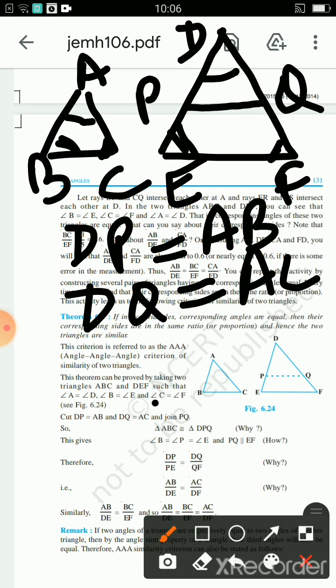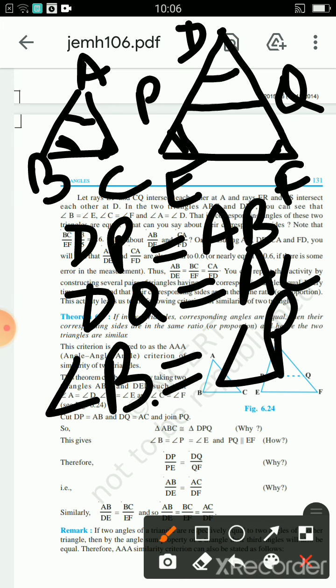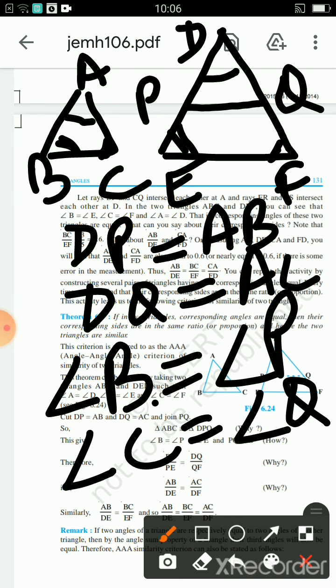When they are congruent, this means that angle B is equal to angle P and also angle C is equal to angle Q. By the previous knowledge, angle B is equal to angle E. By the congruency we get angle B equal to angle P. So on comparing we get angle P is equal to angle E. And also by the previous knowledge we had angle C equal to angle F, and by the congruency we get angle C equal to angle Q. So by comparison we can say angle Q is equal to angle F.